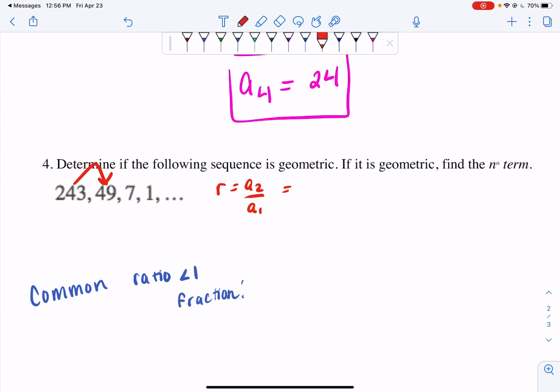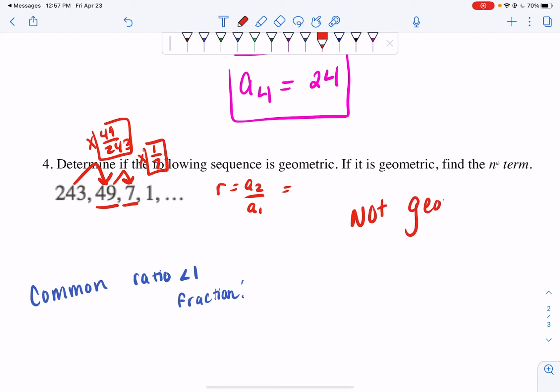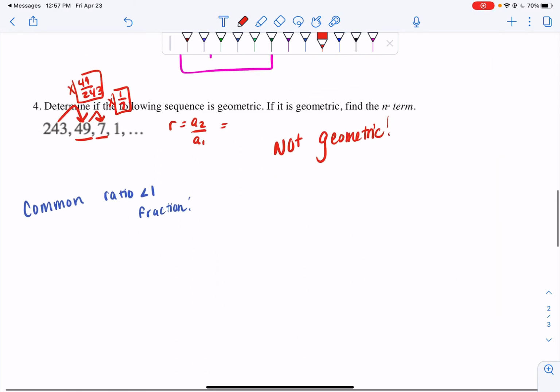I would have to multiply by 49 over 243. But to go from 49 to 7, I would have to multiply by 1/7, because 7 divided by 49 is 1/7. So if I look, they're not the same number each time, so this is not geometric. So I can't write a rule to find the nth term.